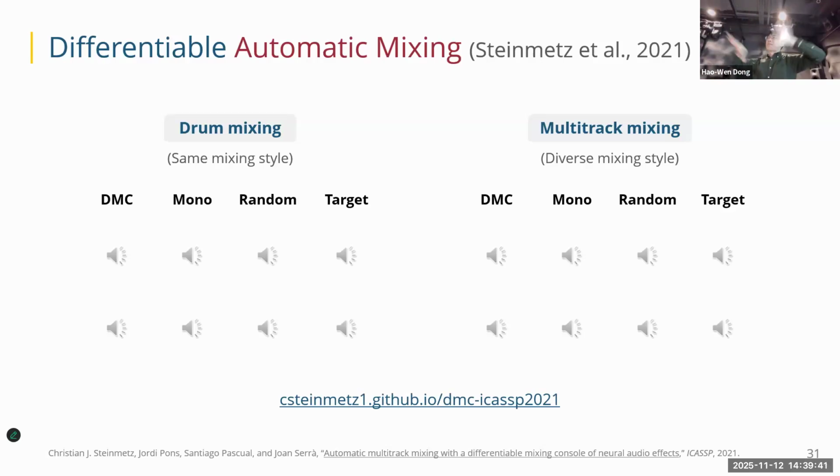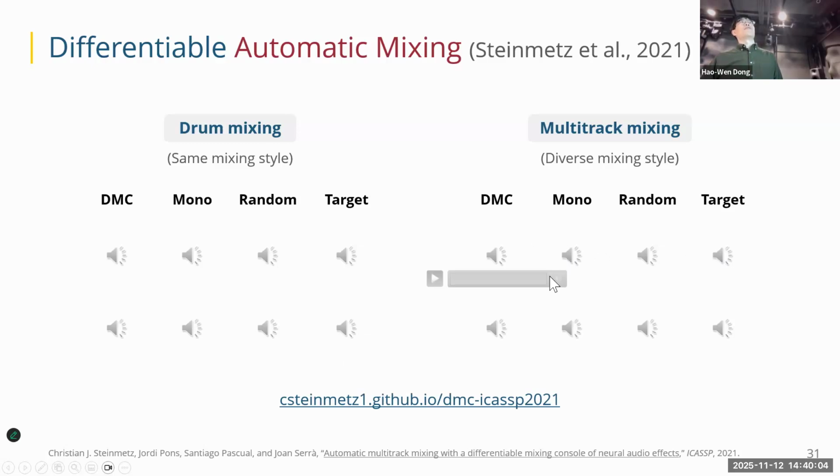So you know there is some spatial placement going on there, and this is what you get. This is the real mix. You can likely see we are still far away from that, but at least it's better than just mixing it up. And you can also do that for multitrack.